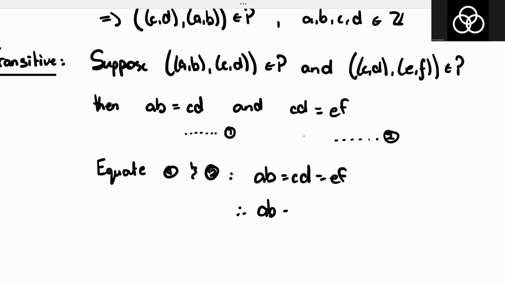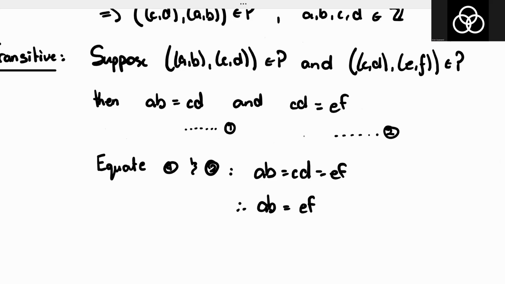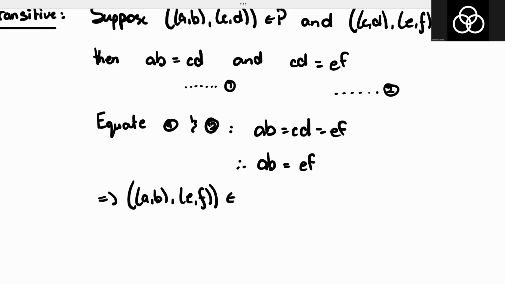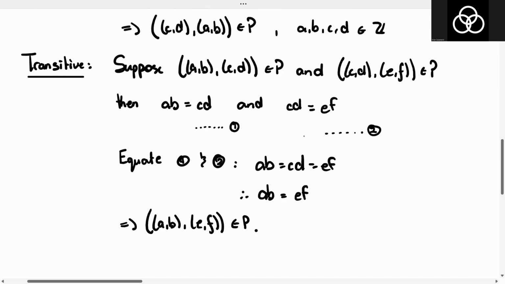Therefore, ab is equal to ef, which of course implies that the ordered pairs (a,b), (e,f) belong to P. And that's it for transitivity.